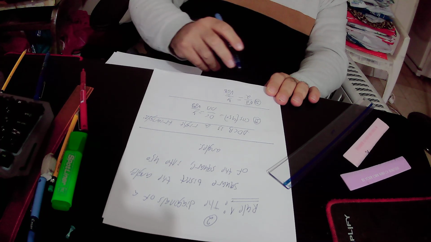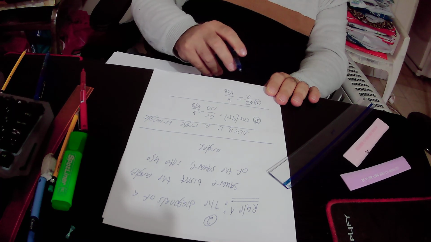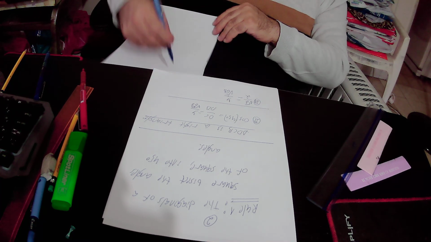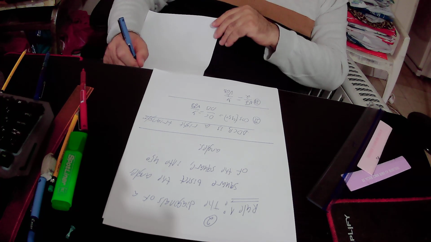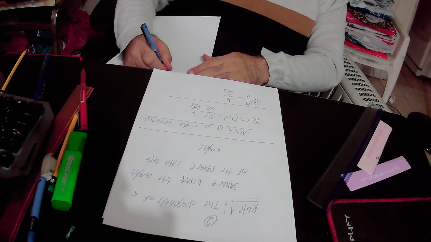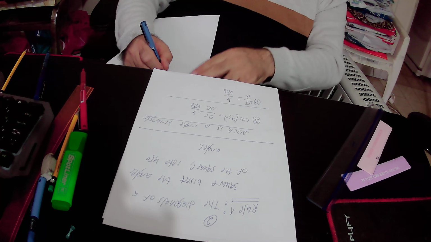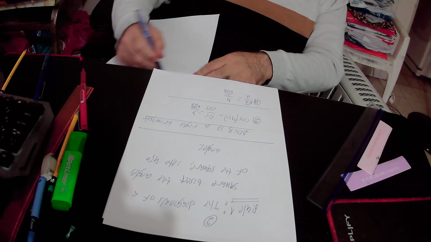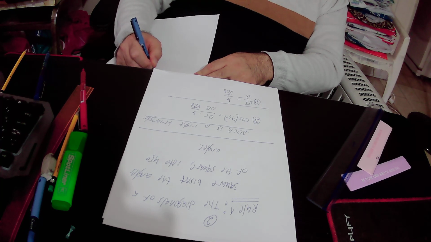So here we will multiply equation number 2 by the square root of 68, and we will get that the square root of 2 over 2 times the square root of 68 equals Y.